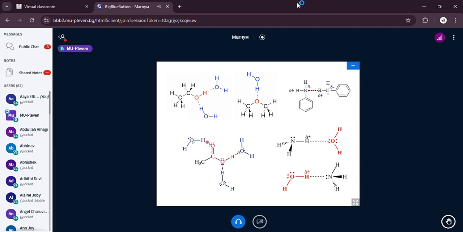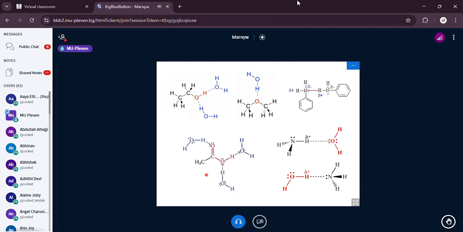What is the name of this compound? This one. CH3COOH. I showed this compound 50 times, especially when we talked about buffer solutions.